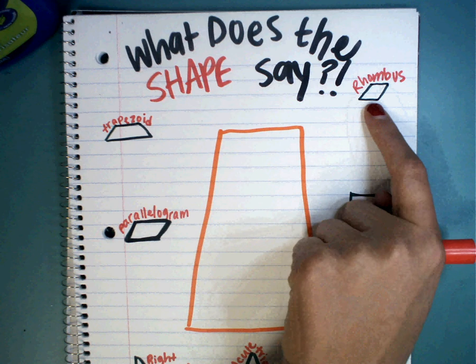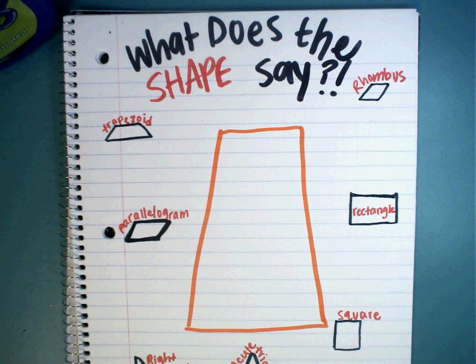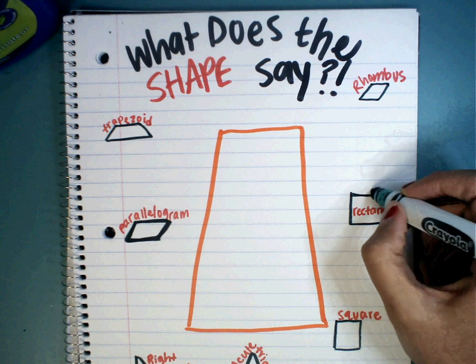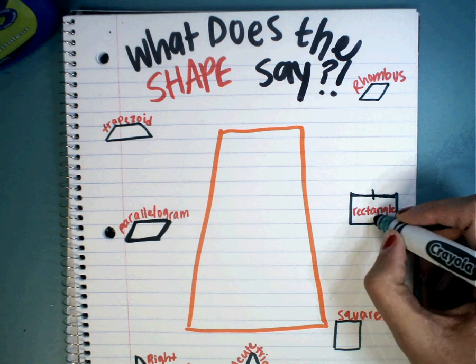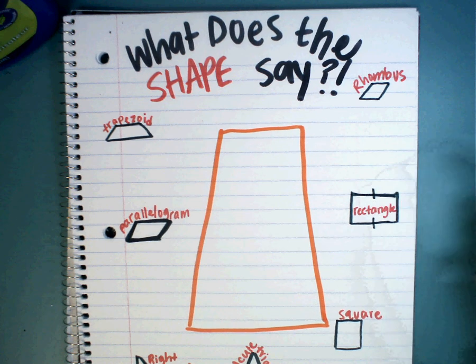Okay? One more thing I want you to put on here is something they're called tick marks. Tick marks tell us which sides are the same length. Okay? So in a rectangle, this side is the exact same length as this side, or it could mean this is parallel to this, just like this side is parallel to this side.